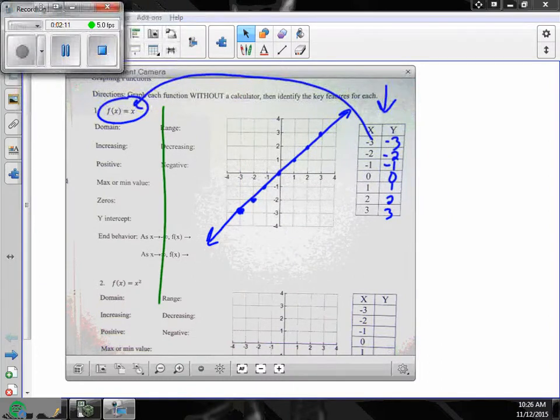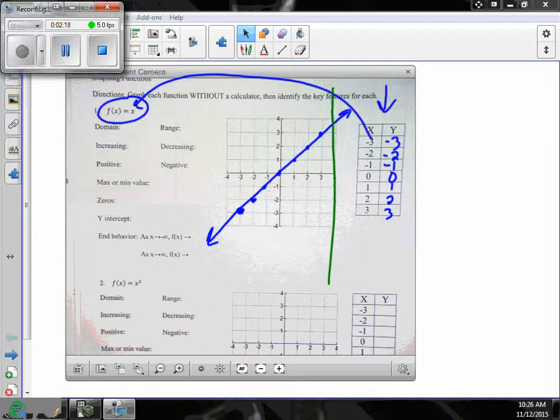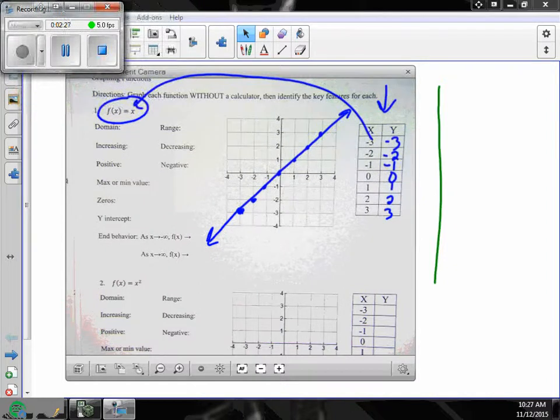So at -2, does the line hit the graph somewhere? Yeah, down at -2. What about over here at 4? Does it hit the graph? Okay, what about over here at 25? It's still going to hit the graph somewhere way above the paper. Are there any x's that don't hit the graph? They all hit the graph, so the domain would be all real numbers.